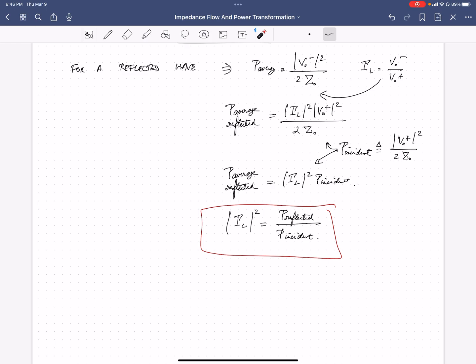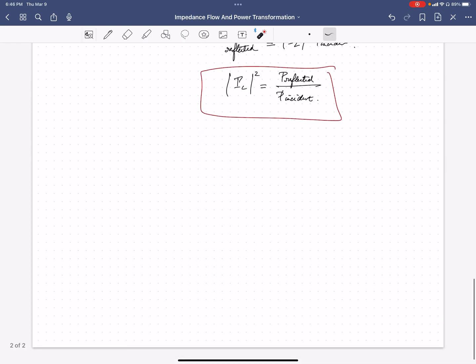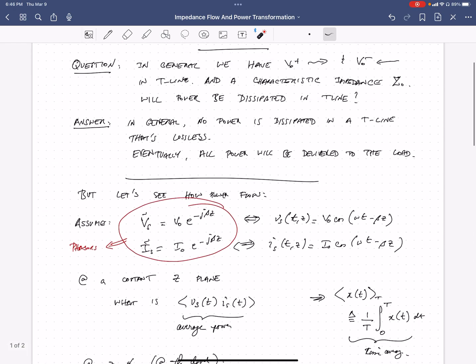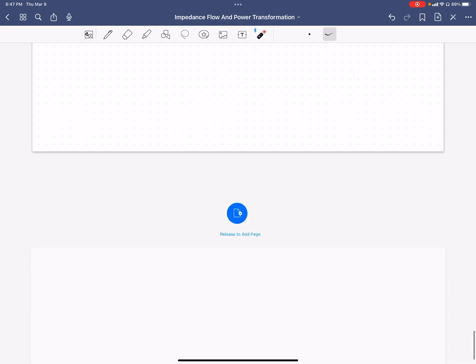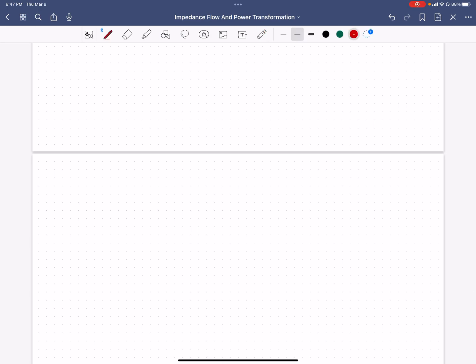In the meanwhile, it will cause unfortunate distortions, etc. But there is a certain amount of power reflected back. Okay, so this is the power flow. Bank this idea again. We'll be introducing some concepts and definitions that we're going to use in a couple of lectures on Smith charts. So remember what we just did here. We're going to come back to it.